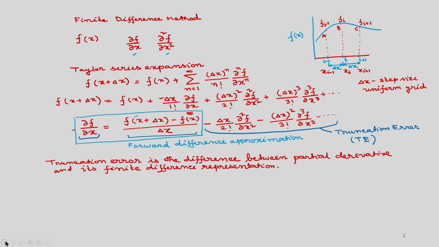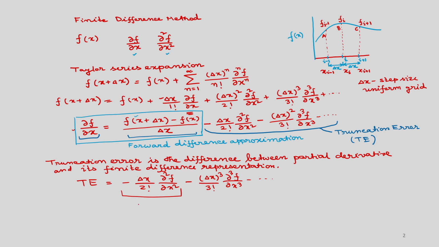So, now you can see that the truncation error in this case is minus delta x by factorial 2 del 2 f by del x square minus delta x cube by factorial 3 del cube f by del x cube, and so on. In the truncation error, the first term is the leading term. In this leading term, the delta x order is 1.